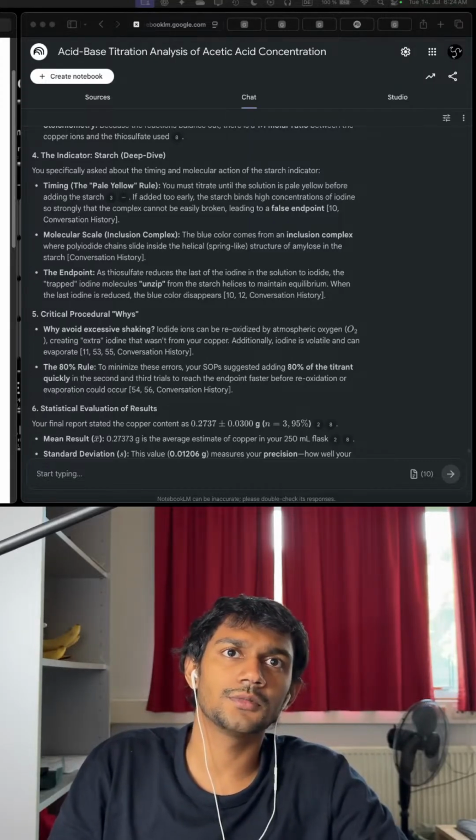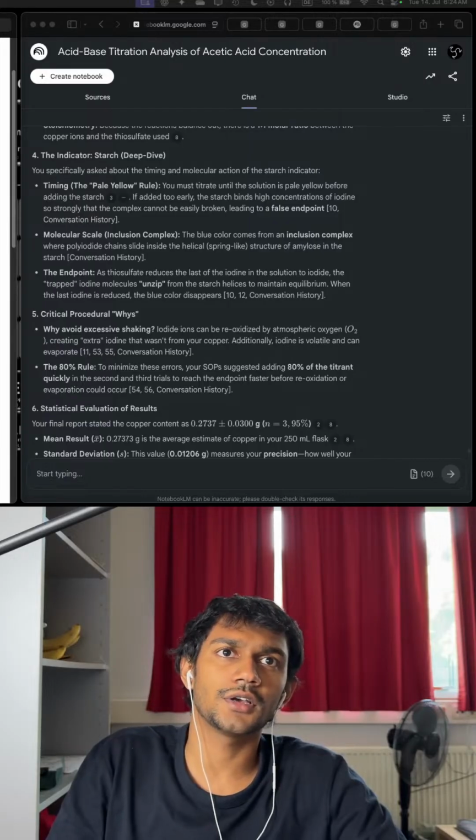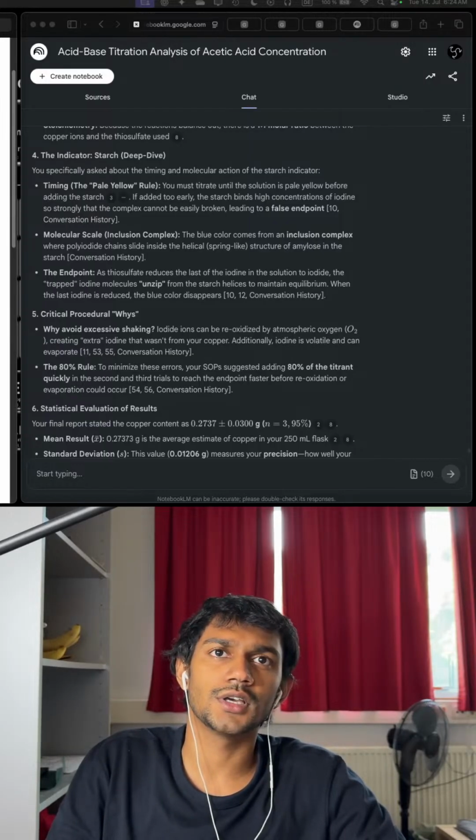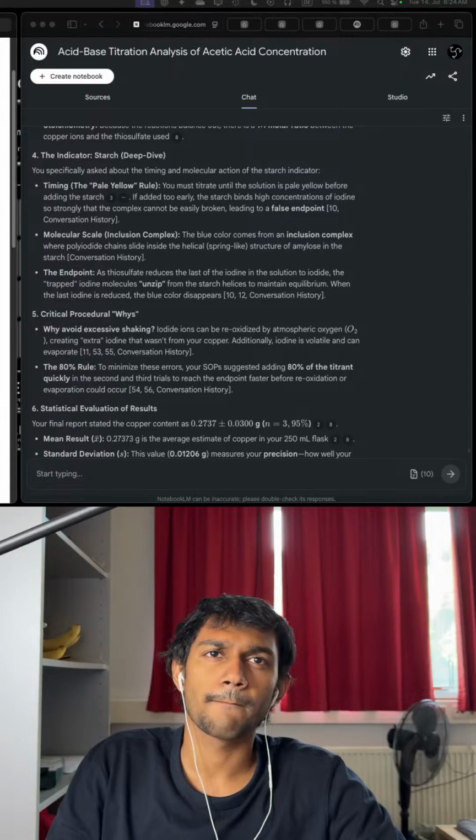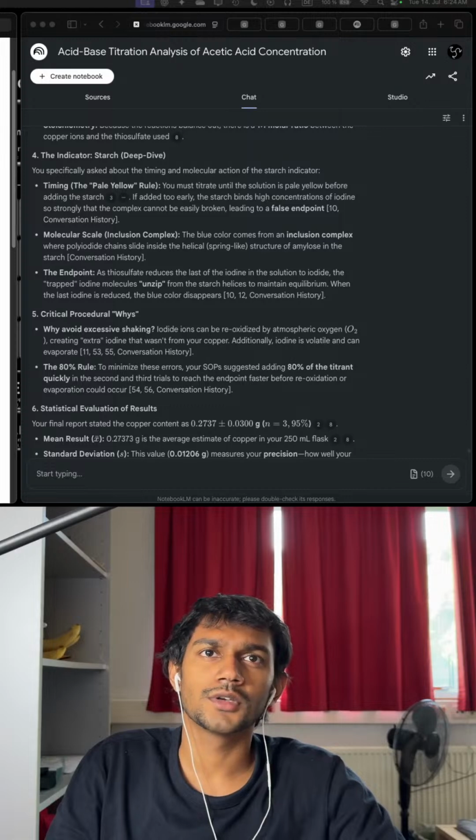You titrate the liberated iodine with your standardized thiosulfate. The thiosulfate reduces the iodine back to colorless iodide ions. Because the reactions balance out, there's a 1:1 molar ratio.